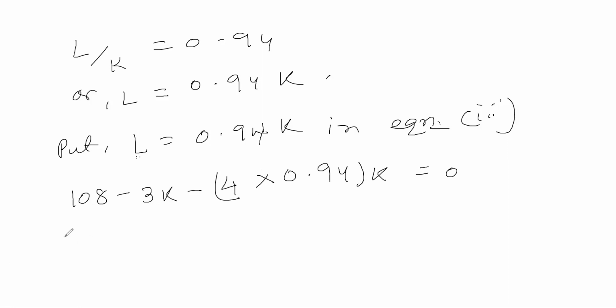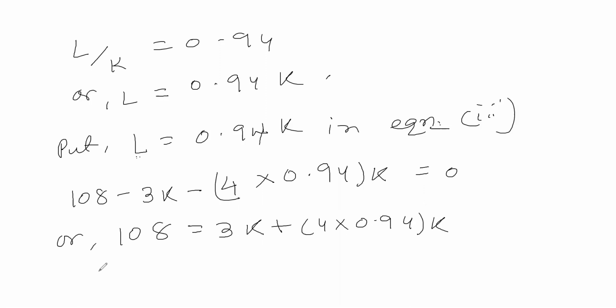So now the whole term is in terms of k, which is, if I take k on the other side, it is 3k plus 4 into 0.94k.